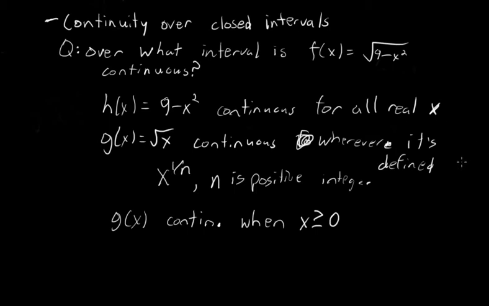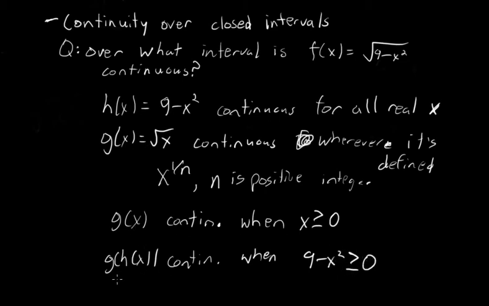Well, great. So then if that's the case, we know that g of h of x is continuous whenever 9 minus x squared is greater than or equal to 0.